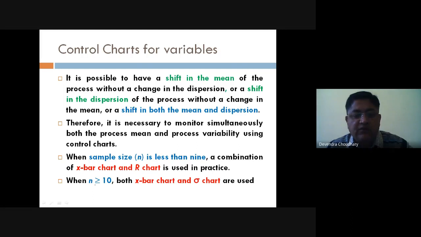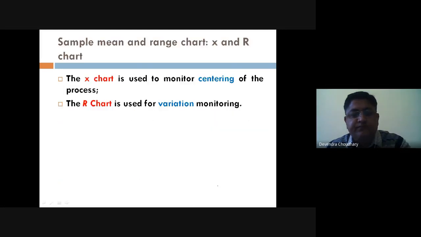And when sample size is more than or equal to 10, we use X bar chart and sigma chart simultaneously to monitor the mean and process variability. So it is clear the X bar chart is used to monitor centering of the process, whereas R chart is used for variation monitoring.